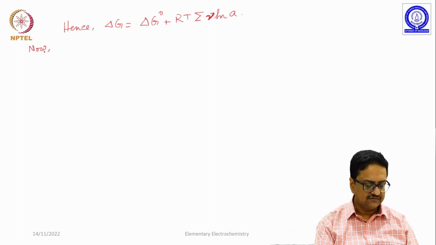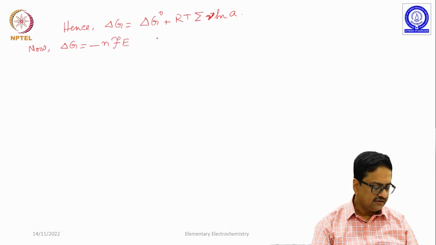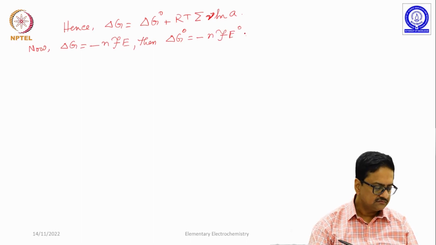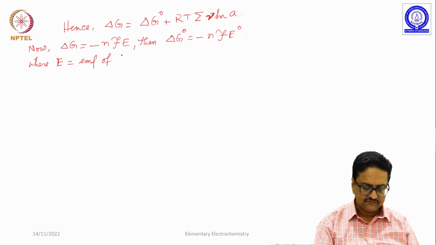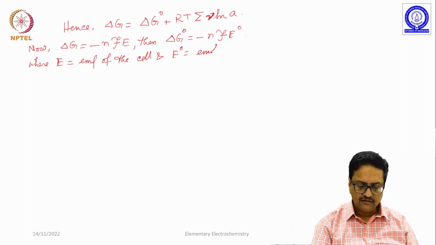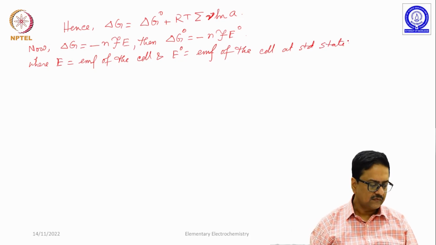Now in the previous class we have seen that delta G equal to minus nFE, then delta G0 would be equal to minus nFE0, where E equal to the EMF of the cell and E0 is the EMF of the cell at standard state, right?